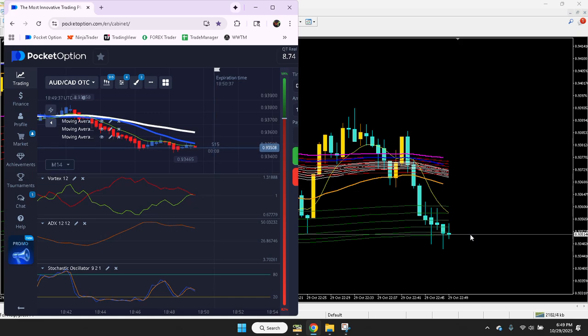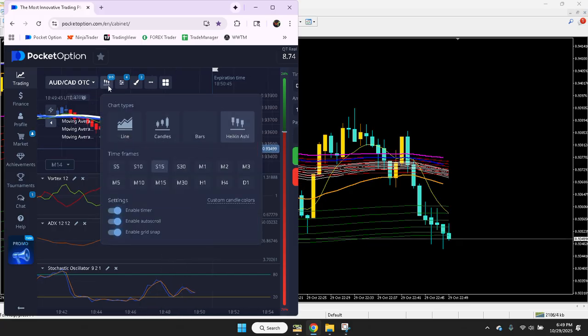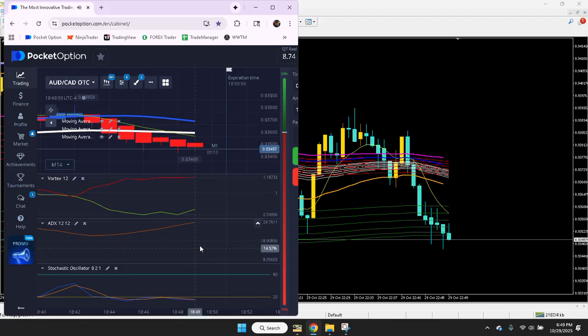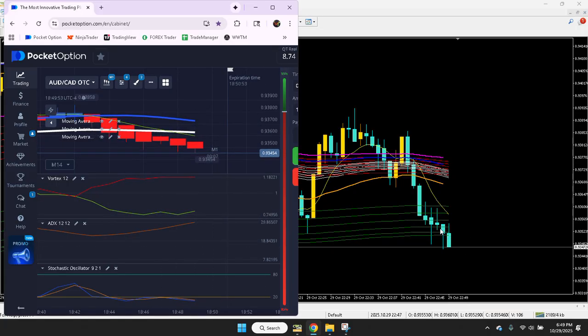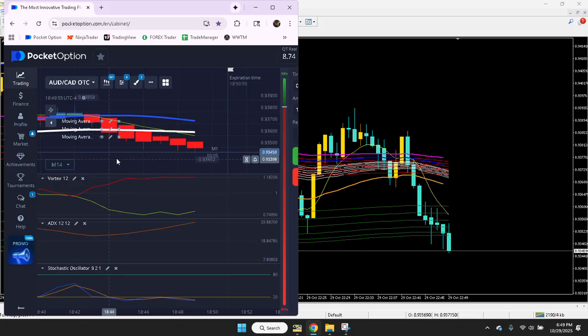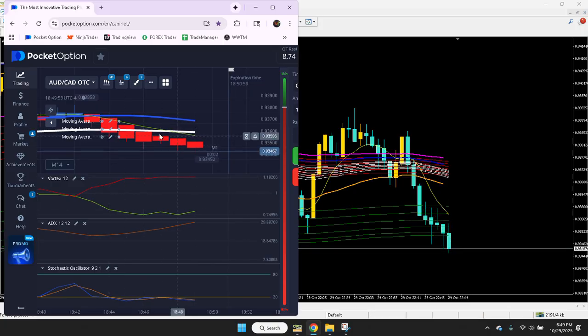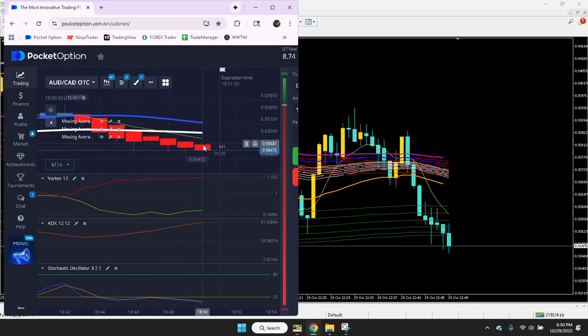I'm trying to get at least one more trade in for you, and I'm going to put this at 1 minute just for you real quick. You see how everything's in the red here? If you wound up getting a signal for going up, you wouldn't want to take that signal because everything's clearly in the red here.